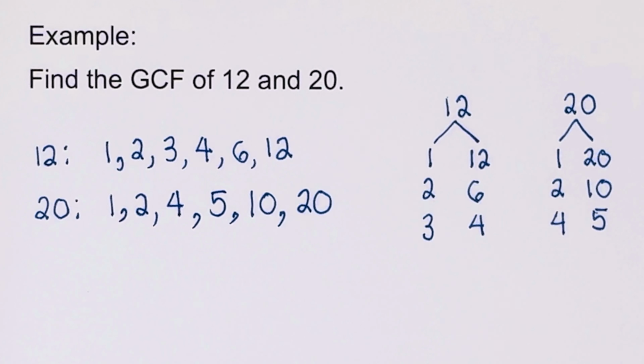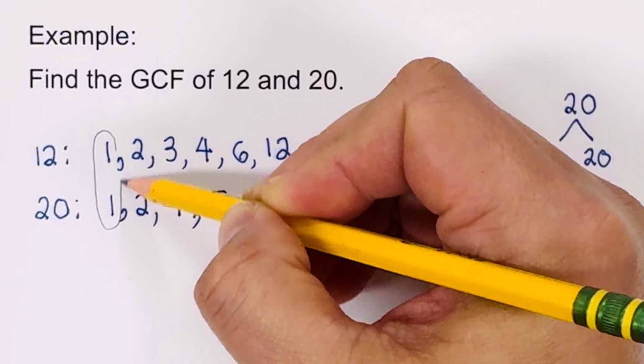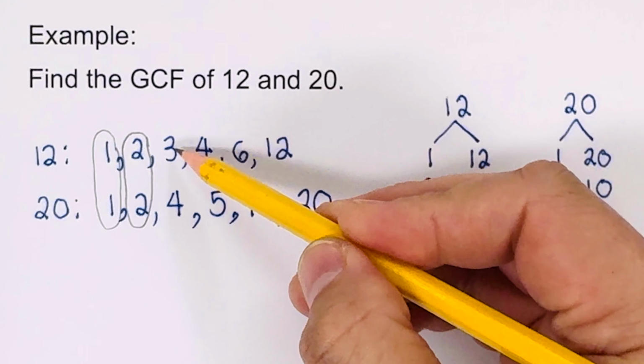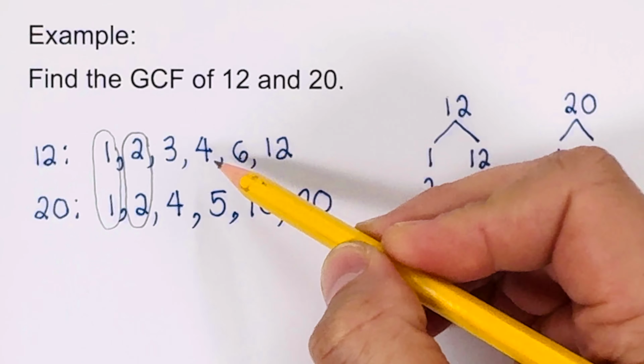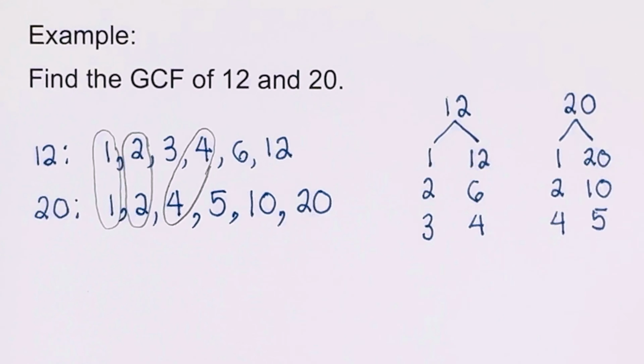Now looking at these numbers, we will find the numbers that are common to both of them. In this case, 1 is common to both of them. 2 is common to both of them. 20 doesn't have the 3, but 4 is common to both of them. After that, we cannot find any more numbers that are common to both.